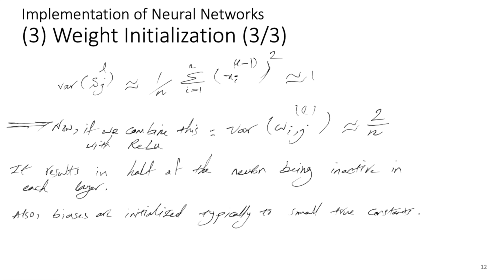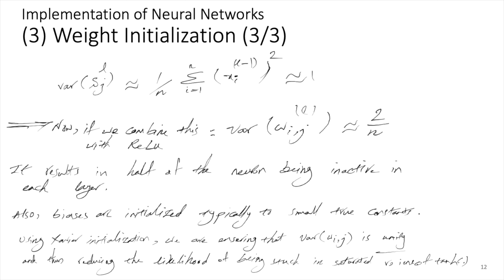In this case, the biases are typically initialized to small constants. Using Xavier initialization is going to help you avoid getting stuck in saturated regions of the hyperbolic tangent.